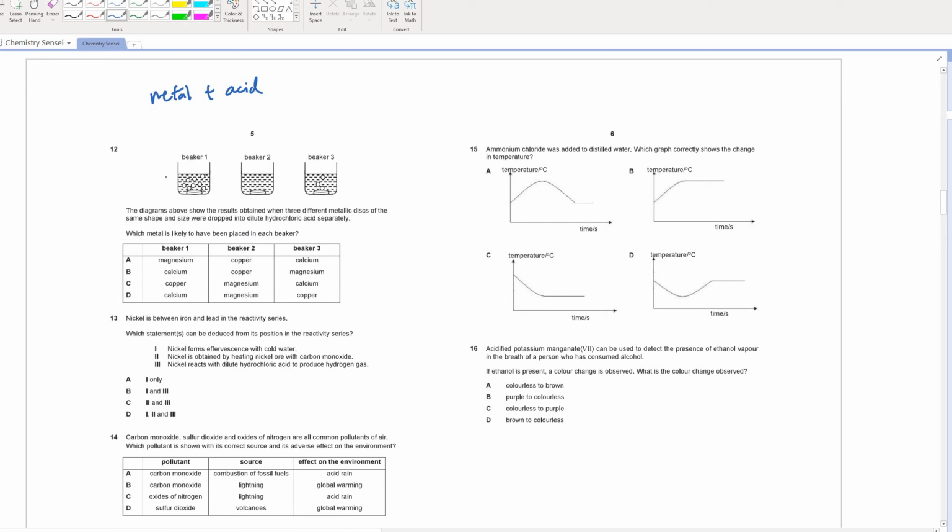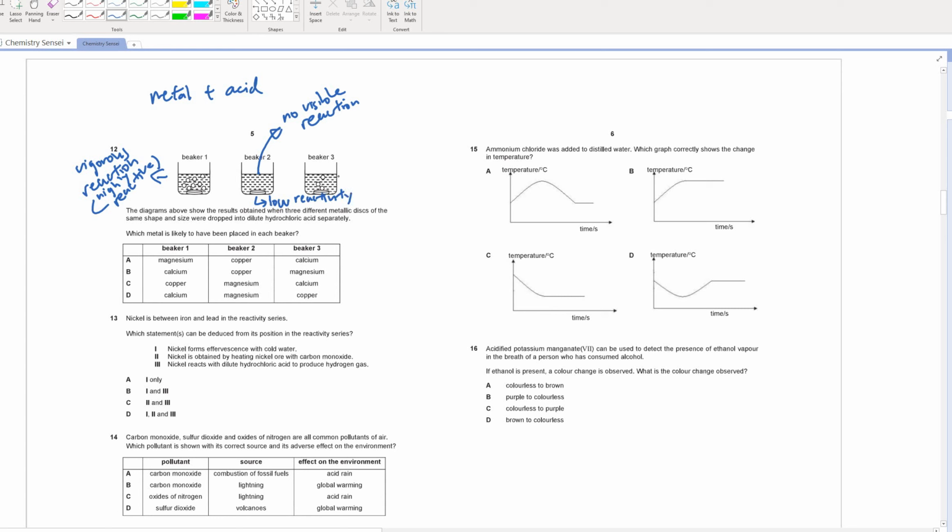So for beaker 1, there is a vigorous reaction. So this suggests that the metal is highly reactive. For beaker 2, there is no visible reaction. So this means that the metal is located at the bottom of the reactivity series.